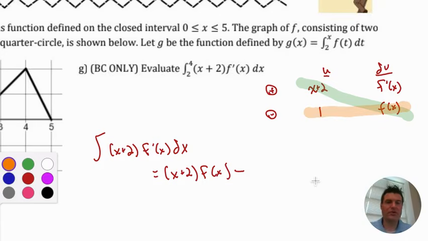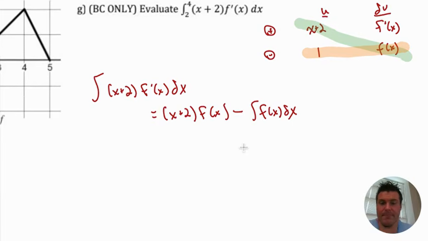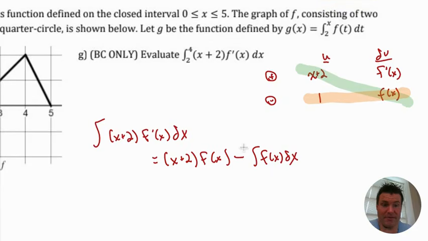Now since I'm doing the orange across, that means I need to do the integral there of f of x. So this is going to be minus 1 times f of x, which is just f of x, dx. So this is what integration by parts gets us. And then we have the integral of f of x, don't we? We can find that value very easily by plugging in values.